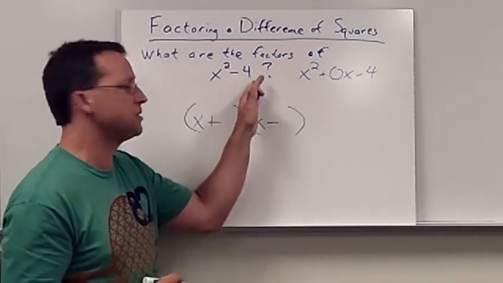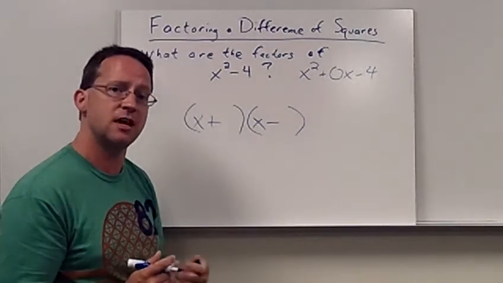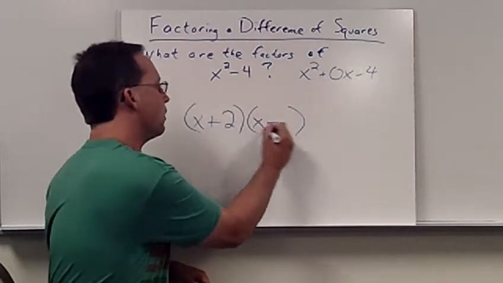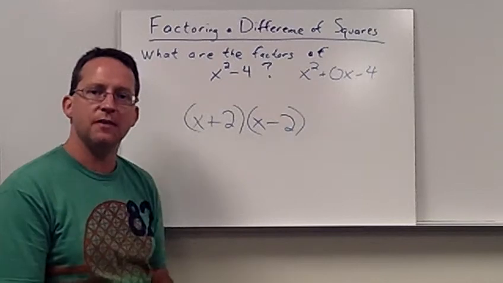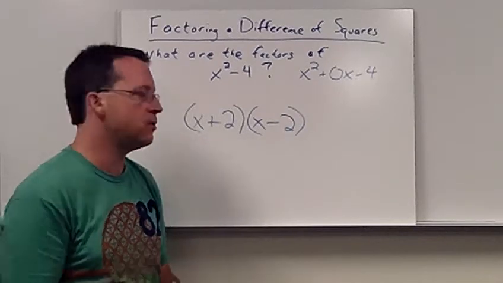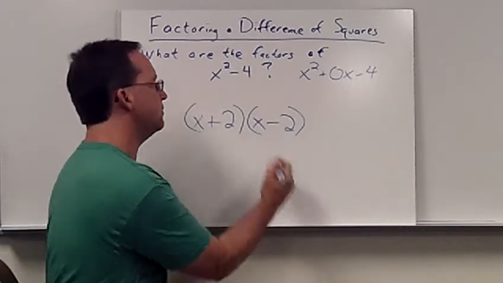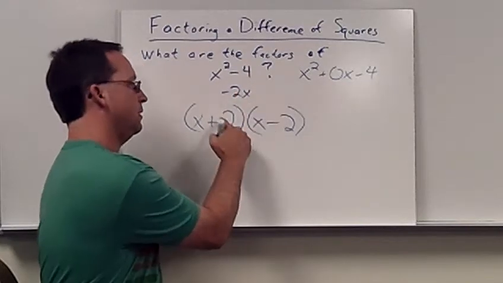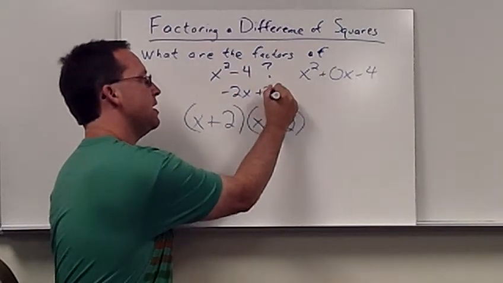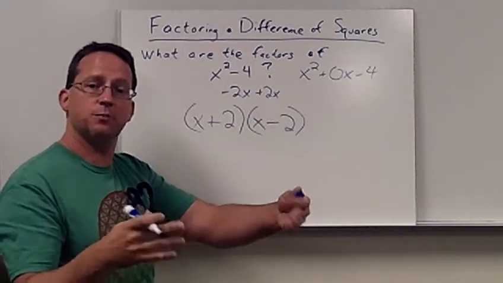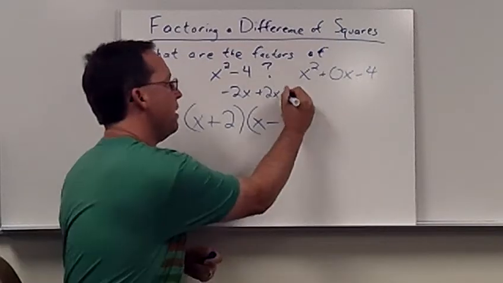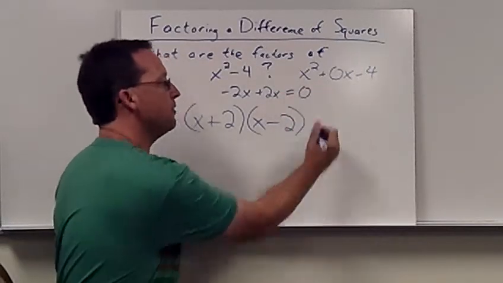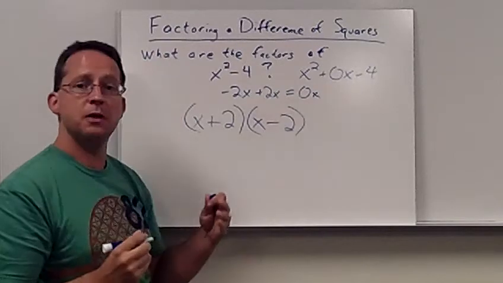I need something times something to equal 4, and if I want those to be the same, 2 times 2 would work. And by doing that, now I think about my outer and my inner terms, x times a negative 2, and then a positive 2 times x. Negative 2x plus 2x, those terms would cancel out, we'd be left with no x's, and that term would be missing.